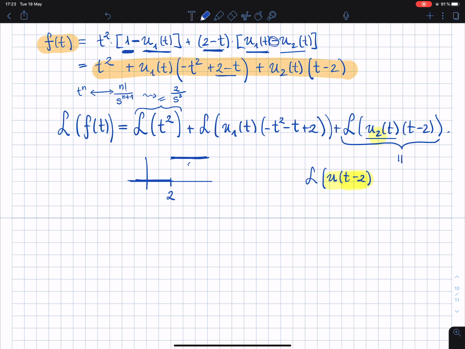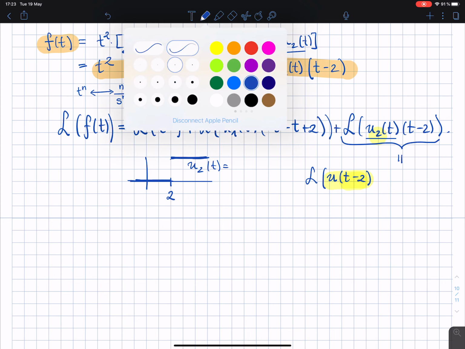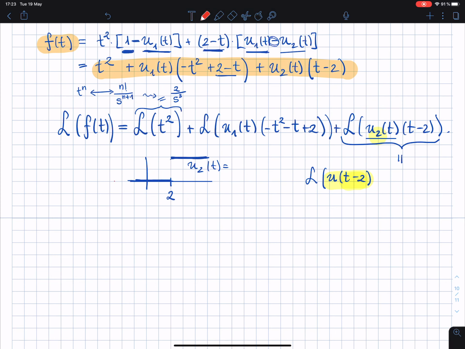This function u2 is exactly the same as applying to the function u of t, which has the step at the origin, a translation of 2 to the right. I'm somehow pushing this step to this position.